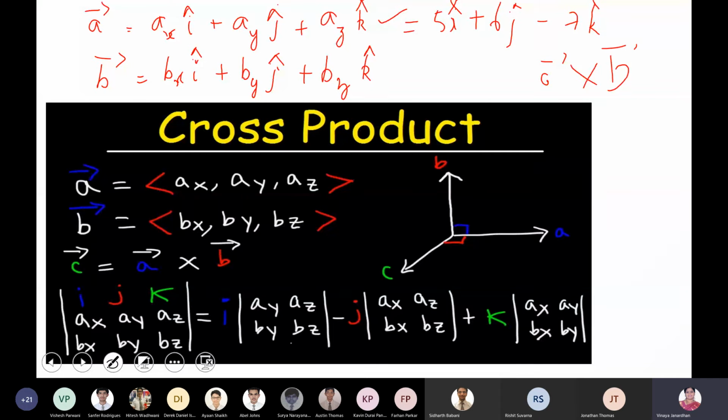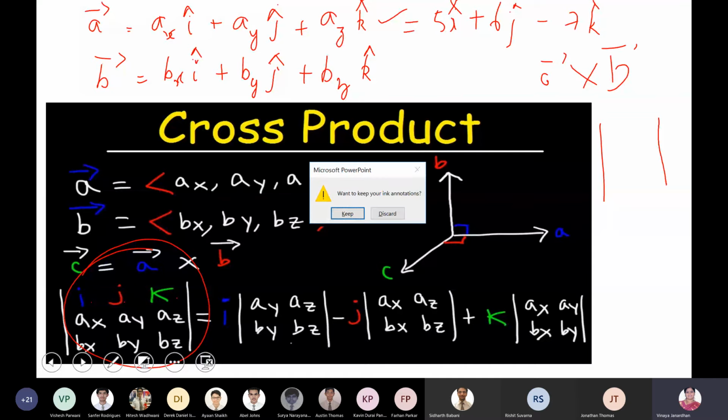Now this is called finding the determinant. Maybe I don't know how to put a determinant because you are not introduced to matrices right now. Okay, fine, boys. Can you see this one? I, J, and K, whatever I have encircled. So I'll go for an empty slide. That would be better.